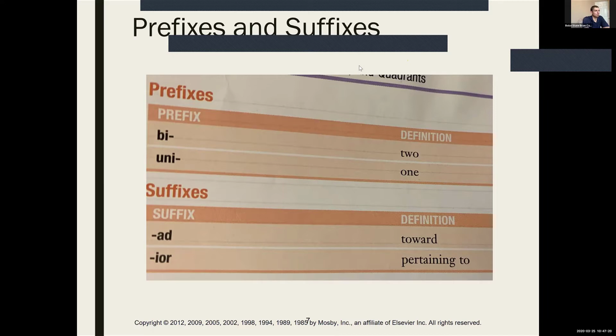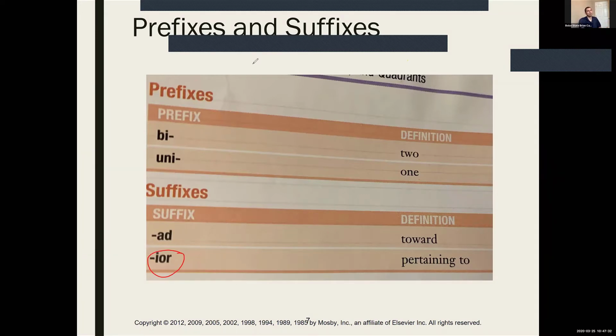Sorry, I'm trying to select my annotations here while talking to you guys at the same time. That's one that we're going to be using a lot of the time, and you'll be really familiar with that. So again, basically that's just meaning pertaining to anterior or pertaining to posterior when we're talking about that.